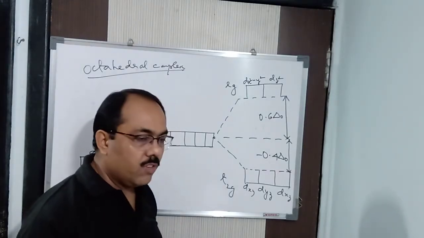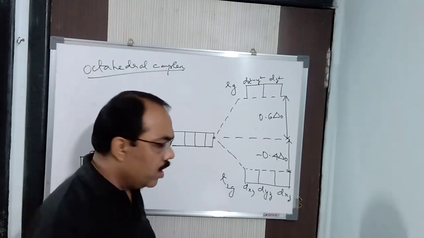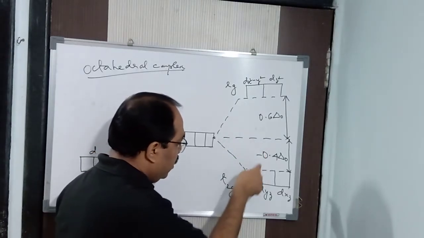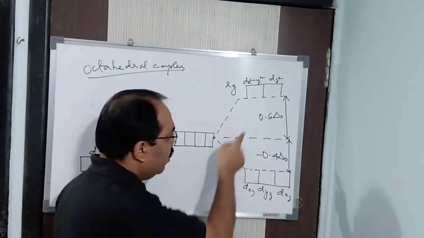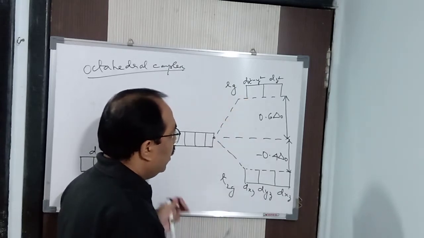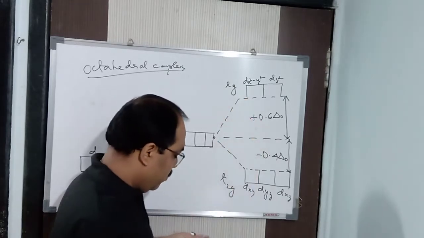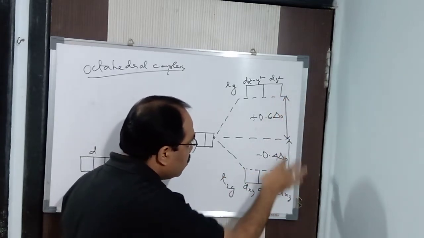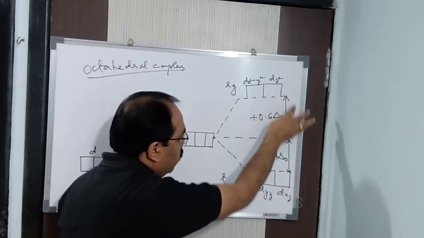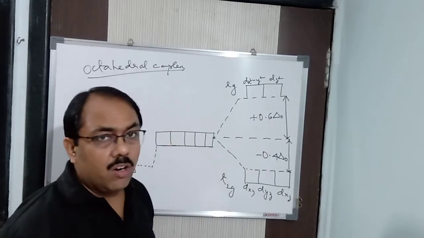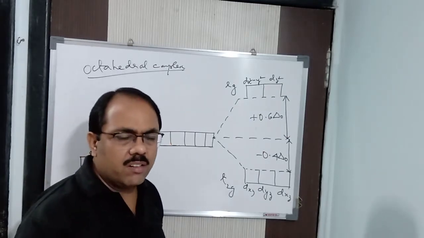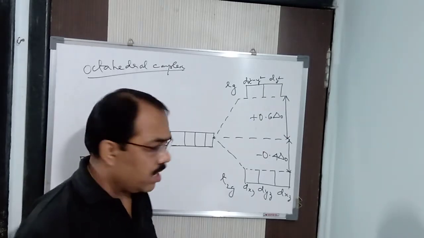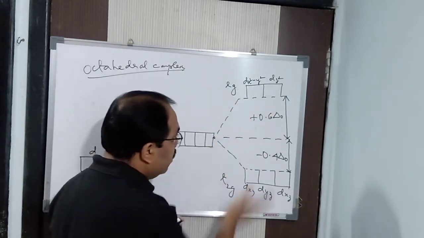So hence, what we find is that energy is being lowered here in case of T2g by minus 0.4 delta naught, and here the energy is increased. I can put a plus sign also for showing the increase. The total energy of the splitting which is taking place is known as delta naught or CFSE. CFSE means crystal field splitting energy, because the splitting of the d orbitals is taking place.